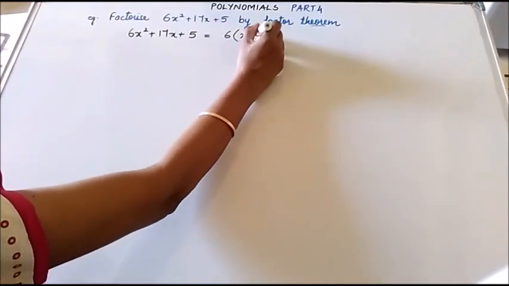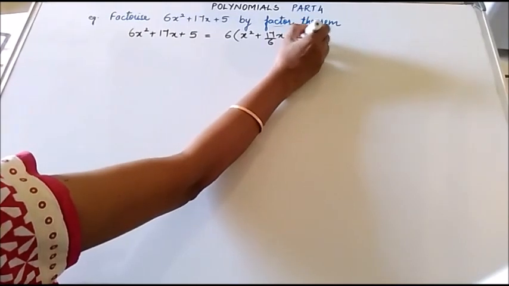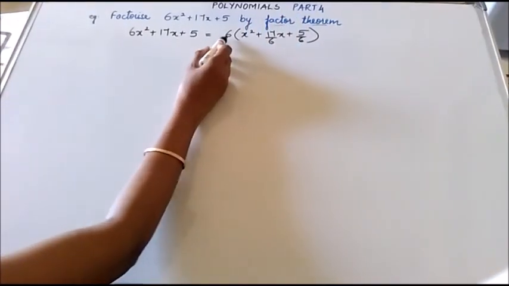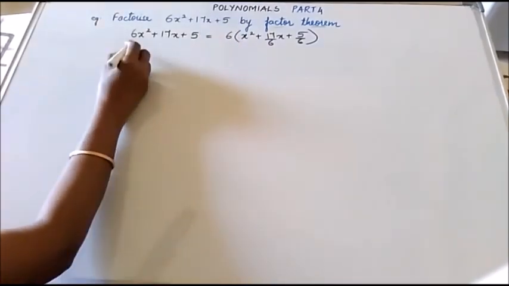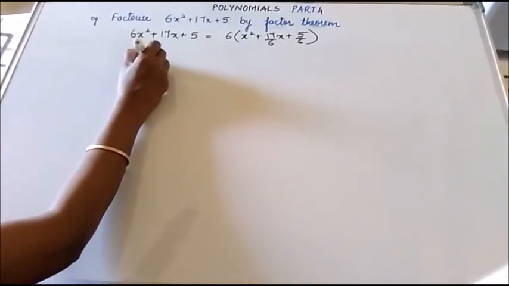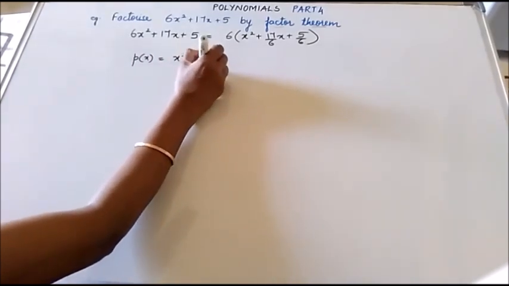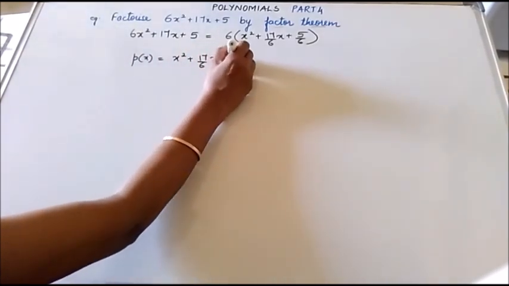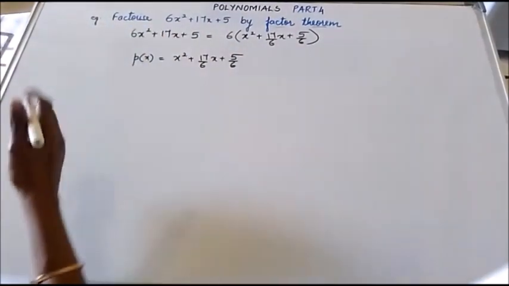We get here x square plus 17 by 6x plus 5 by 6. Okay, why do we do this? Because we want to make, in the bracket you can see coefficient of x square is 1. So now we will take p of x, let p of x equal to x square plus 17 by 6x plus 5 by 6. Now we will factorize this part by factor theorem.